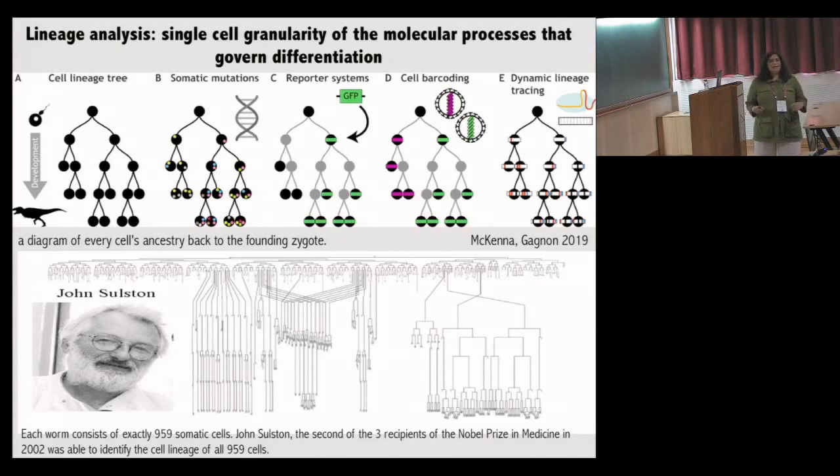Which is to say, starting from the zygote, what happened? Each horizontal bar represents a cell division. Each vertical bar represents a single cell, right? So for the worm, we can trace back the origin of every cell in the adult worm back to the founder, which is this zygote from which it came, right?